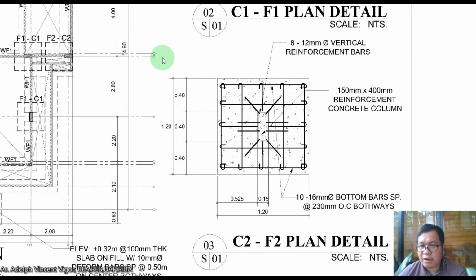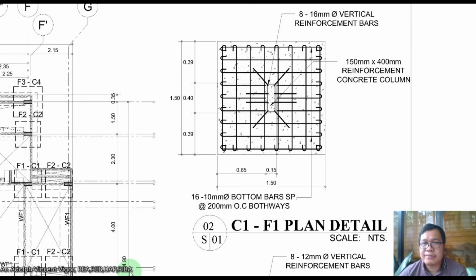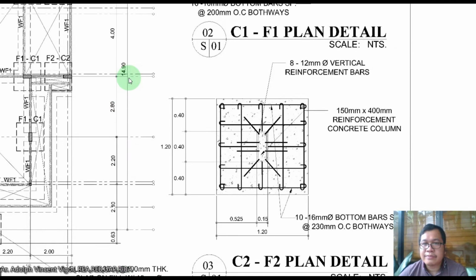Here in column 2, footing 2, the size of the foundation is 1.2 by 1.2, and the size of the column is 0.15 by 0.4.